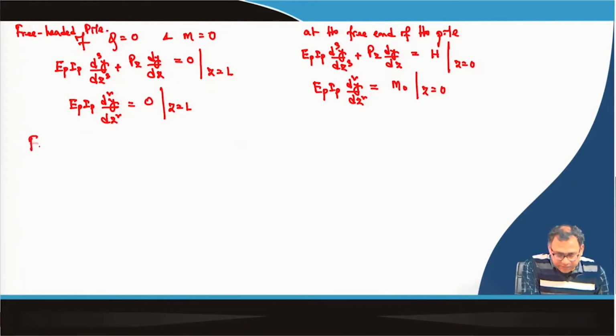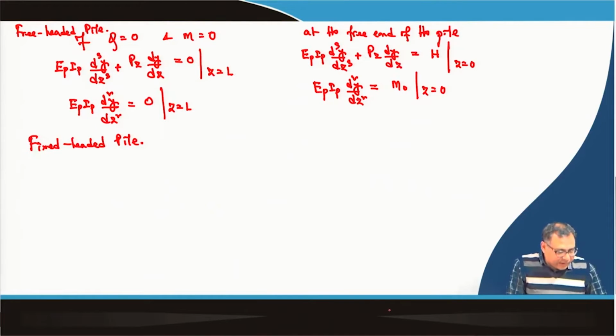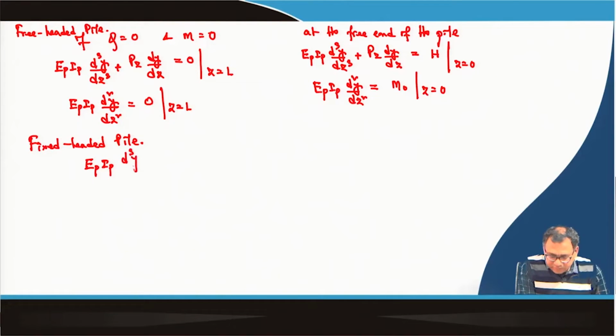Now, for the fixed headed pile, the shear force equation will be the same as this equation: E p I p d 3 y d z 3 plus p z d y d z will be equal to H at z equal to 0.